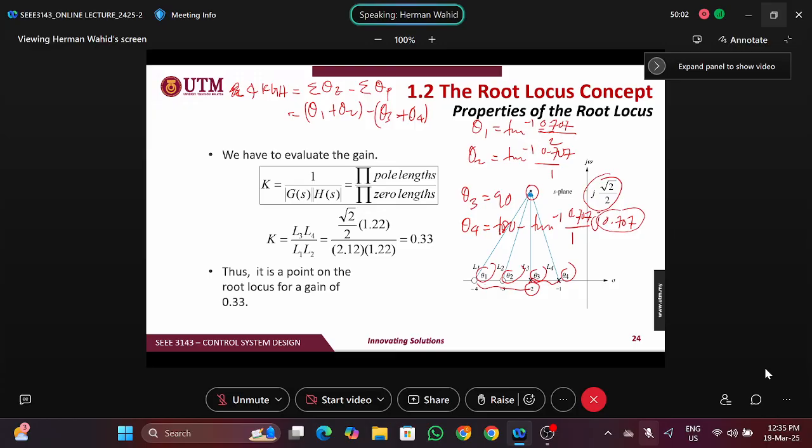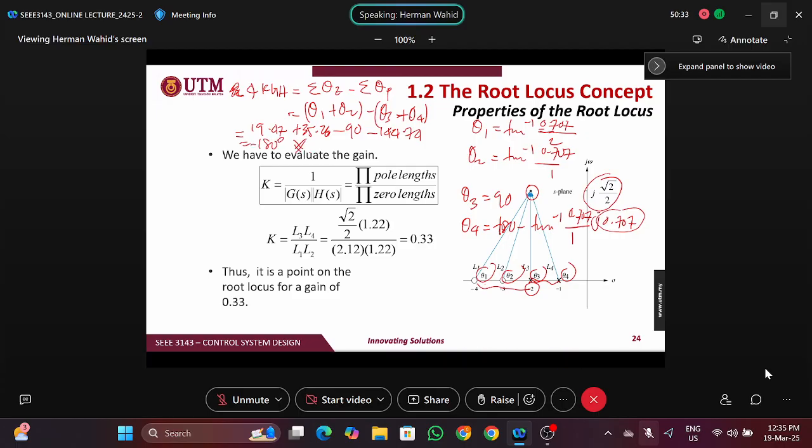Okay, so if you calculate carefully, these are the values that you will get: 19.47, 35.26, minus 90, minus 144.74, which is finally equal to negative 180 degrees.